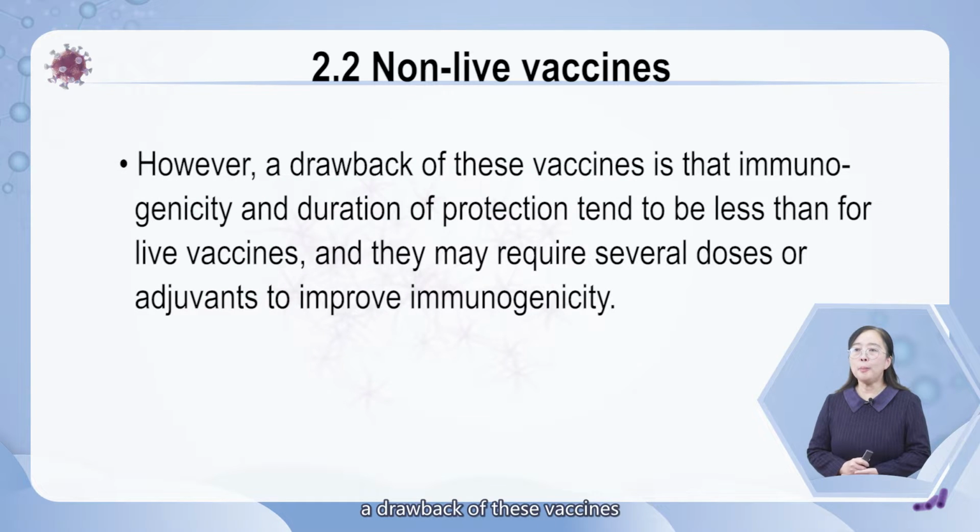However, a drawback of this vaccine is that immunogenicity and duration of protection tend to be less than for live vaccines, because they may require several doses or adjuvants to improve immunogenicity.